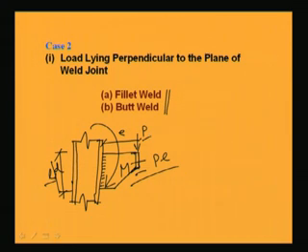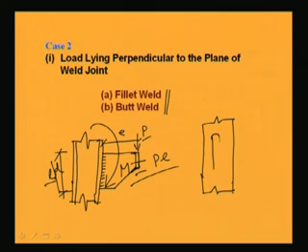Now, if we see in the plan, we will see this is coming something like this. In the plan, if we see the welding, we will see this. So, what will be the shear stress?